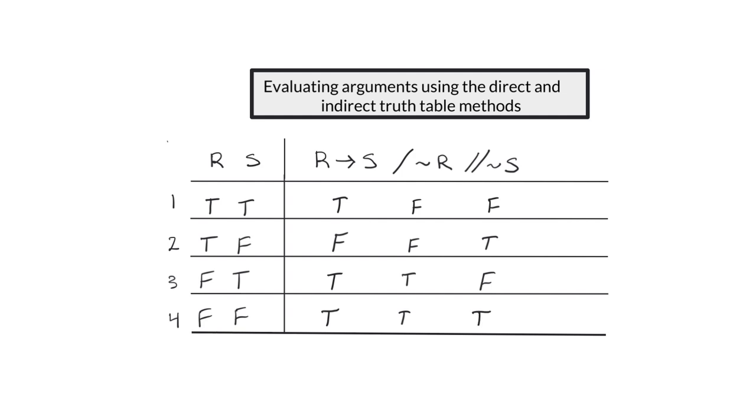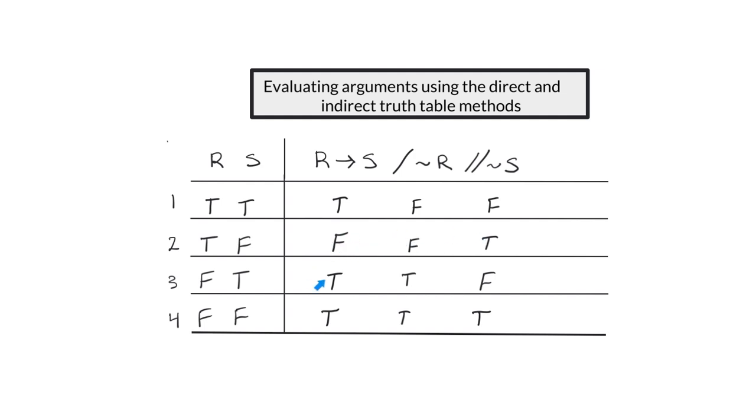Okay, so we've completed our truth table, and now we're looking for any instance where all the premises are true and the conclusion false. So we can look at row 1. Well, we don't have both premises true, so it can't be invalid on that row. Same thing with row 2, false, false, true.